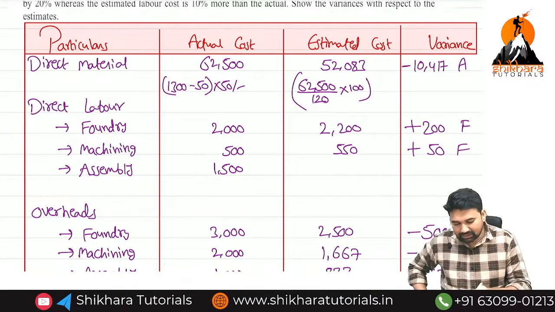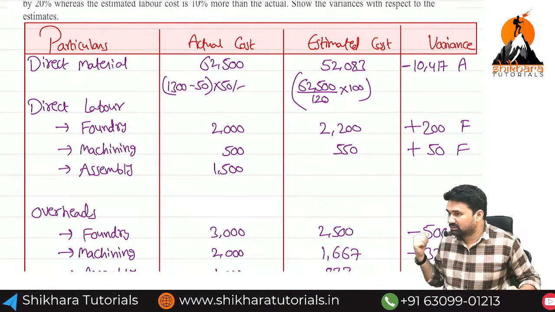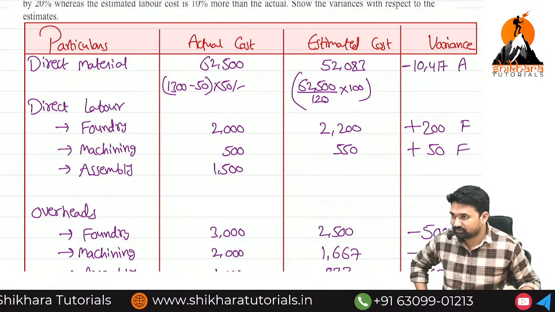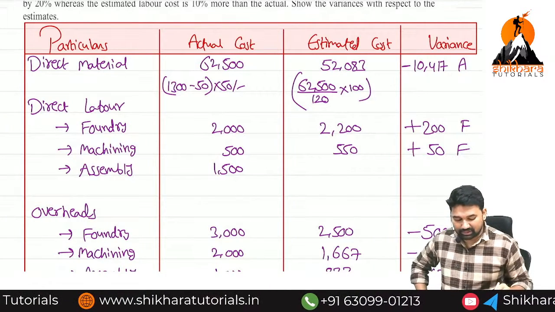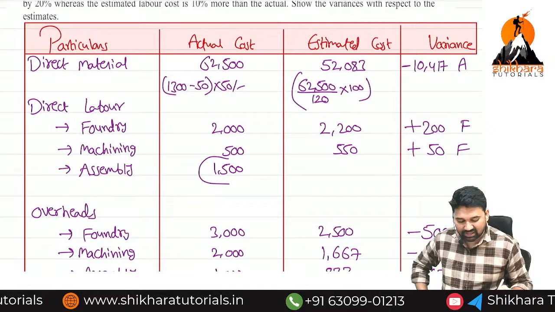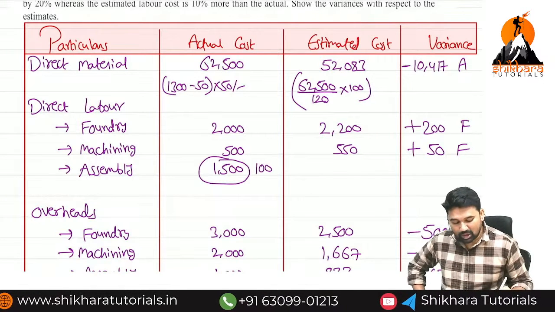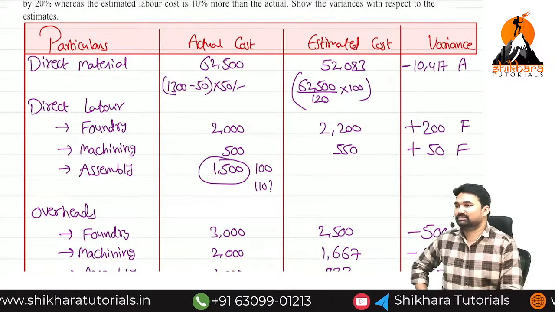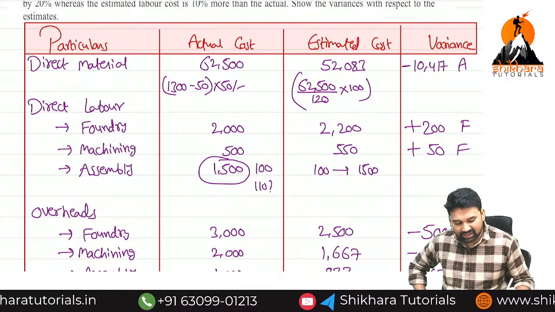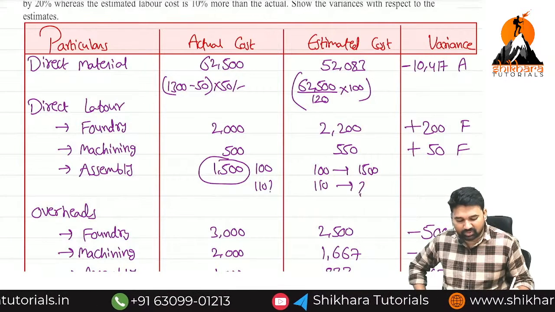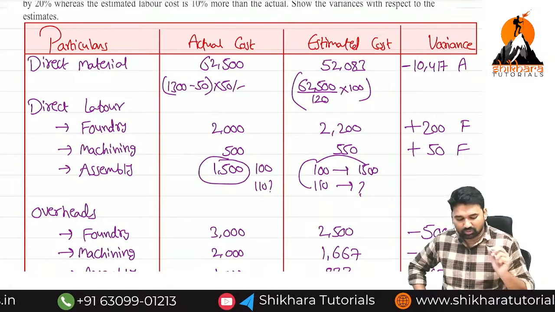And the third point, are you able to solve it? How will you solve the third point? Very easy, sir. 1500 is equal to 100. Then how much is 110? If 100 is equal to 1500, 110 is equal to how much? 1500 by 100 into 110.